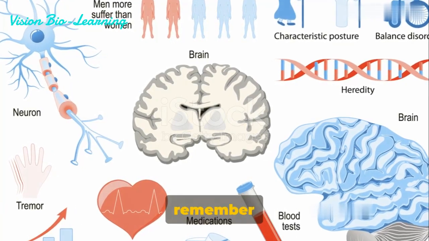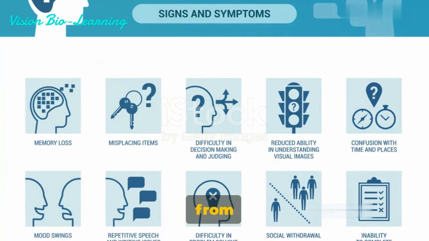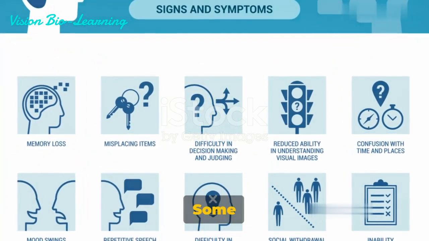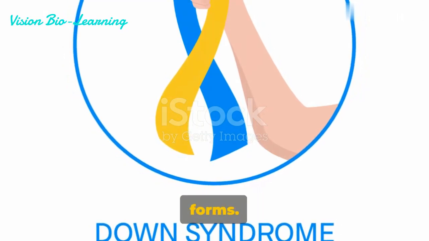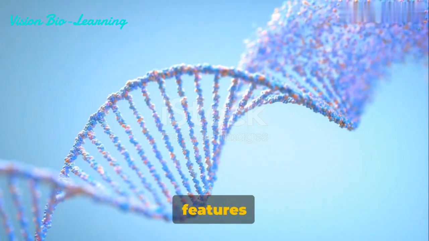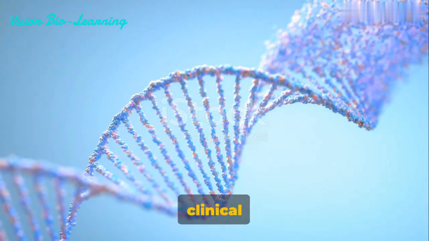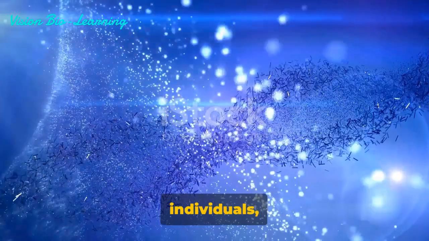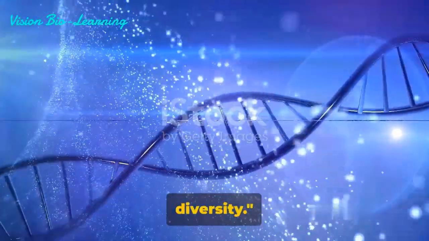However, it's important to remember that the severity and presentation of these features can differ greatly from one individual to another. Some may exhibit more pronounced symptoms, while others experience milder forms. It's this range of clinical features that underscores the complexity of Down syndrome. These clinical features vary among individuals, and it's the underlying molecular mechanisms that contribute to this diversity.